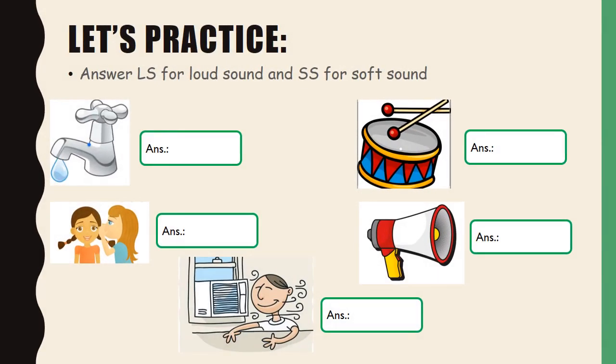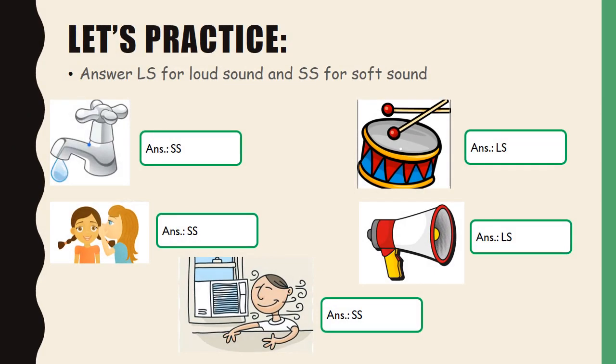Now let's practice. Answer LS for loud sound and SS for soft sound. I will give you a minute to answer it. Okay, now let us see if your answers are correct.